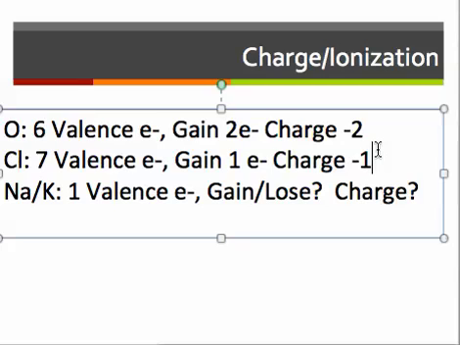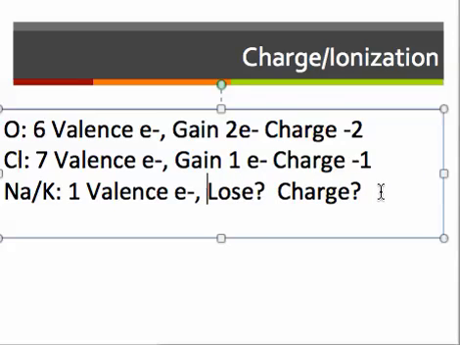Sodium and potassium have 1 valence electron, and as we already talked about, it is more likely to lose 1 electron. And if an atom loses an electron, then that would mean the atom has more protons than electrons, and the charge of both sodium and potassium atoms are going to be +1.